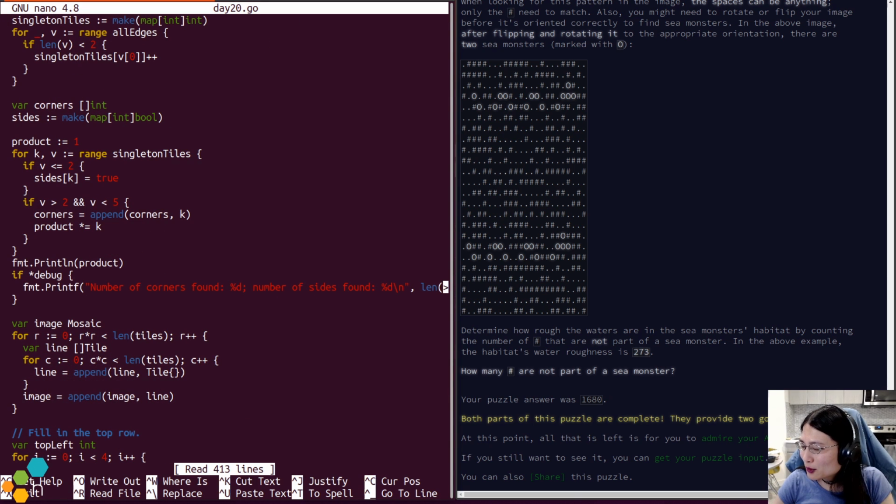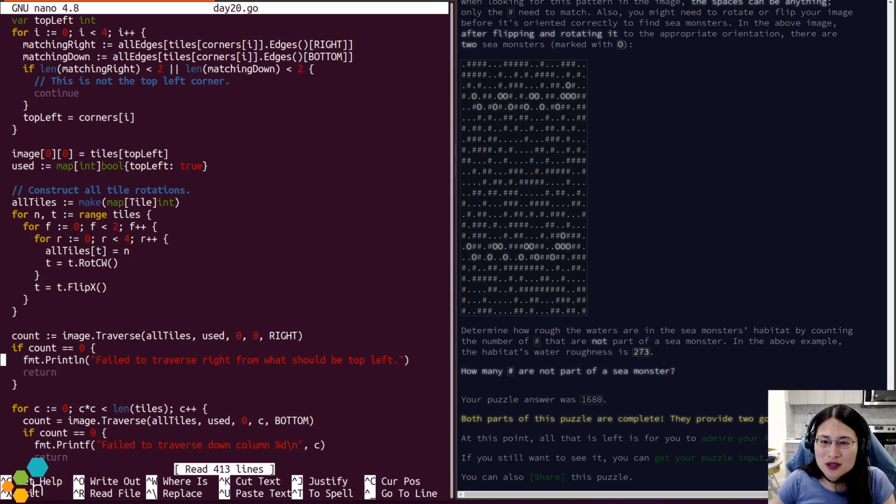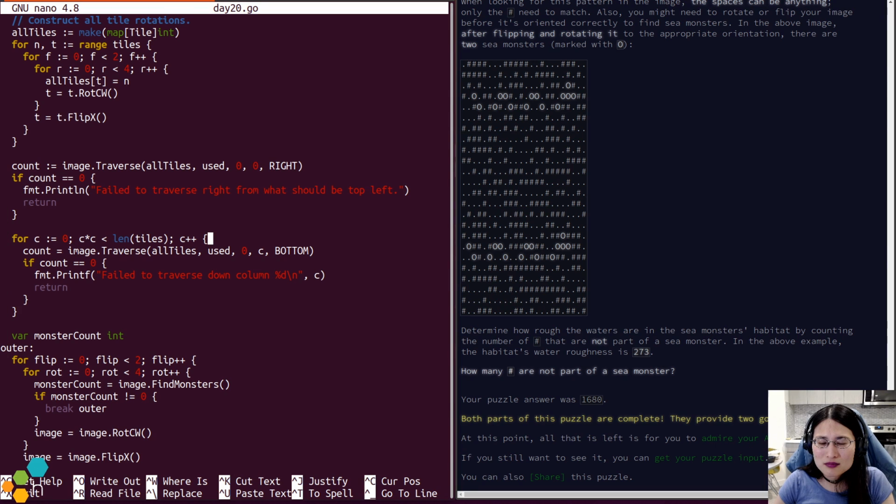I don't know why other people needed to do a search and backtrack, because I managed to solve this without needing to do that. Okay, and then, oh, I can simplify this too. Do this as well.